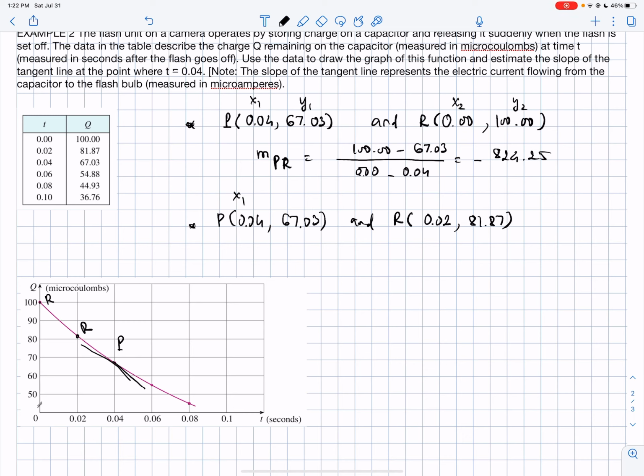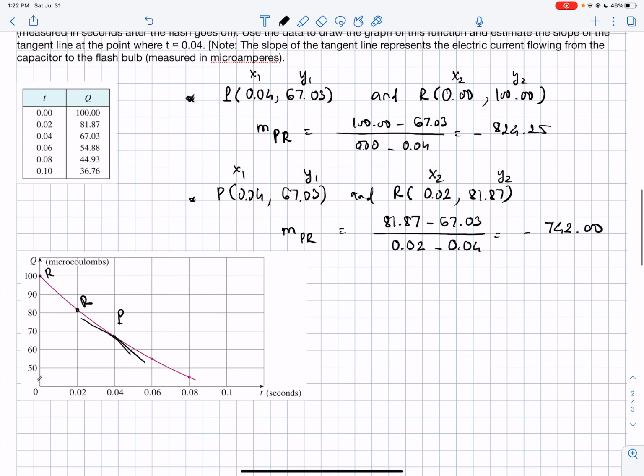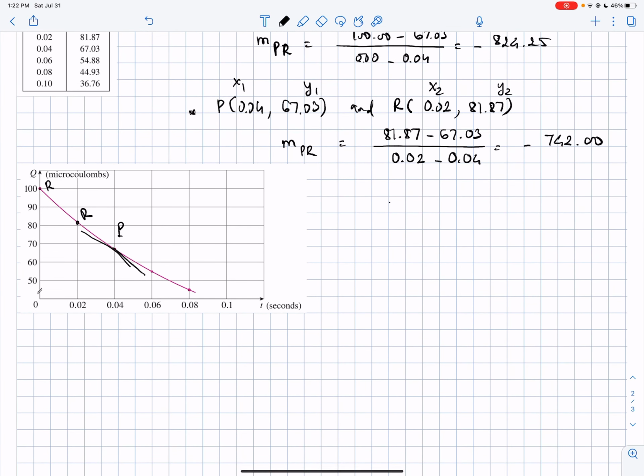And this is our x1, y1 for P, x2, y2 for R. Now the slope of the secant line PR will be 81.87 minus 67.03 divided by 0.02 minus 0.04. Then we will get negative 742.00.